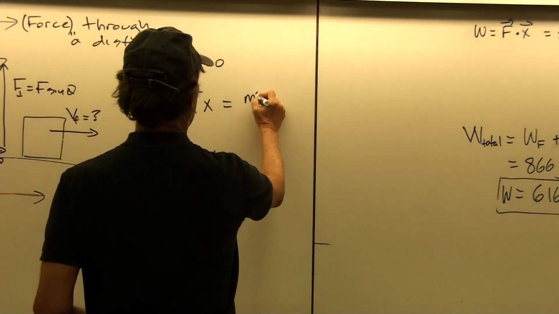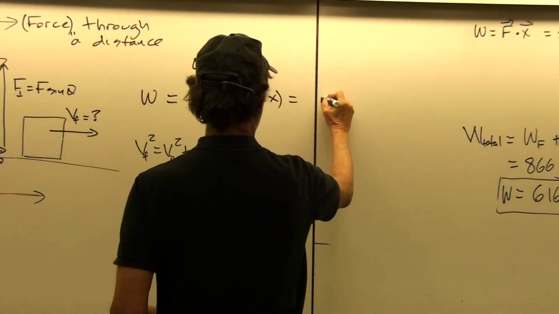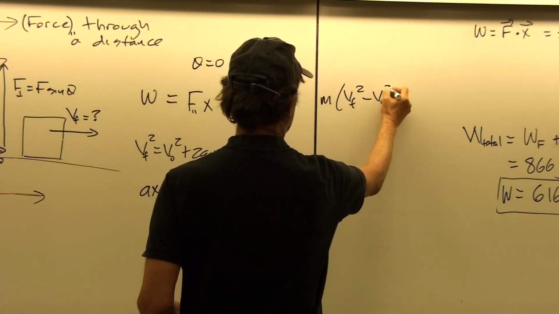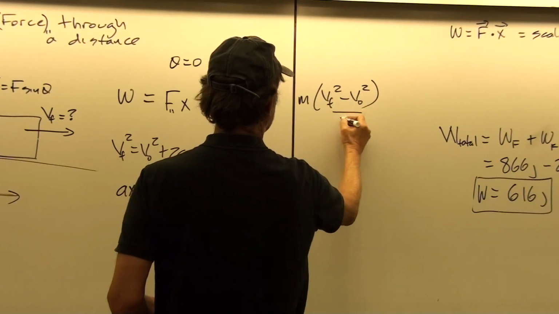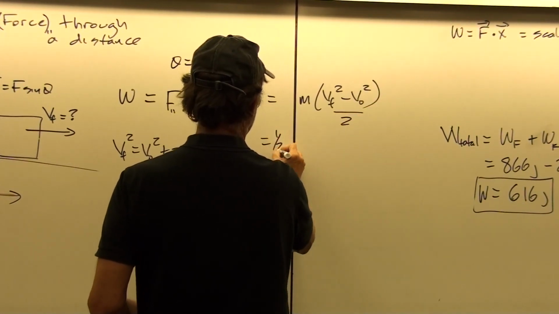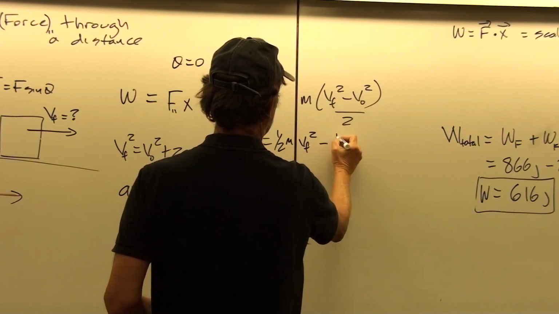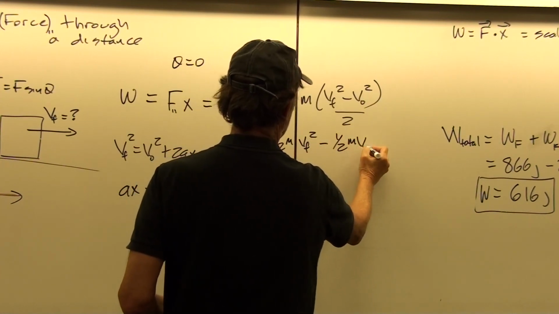So then this is going to be equal to m times V final squared minus V initial squared over 2, or that's equal to 1/2 m V final squared minus 1/2 m V initial squared.